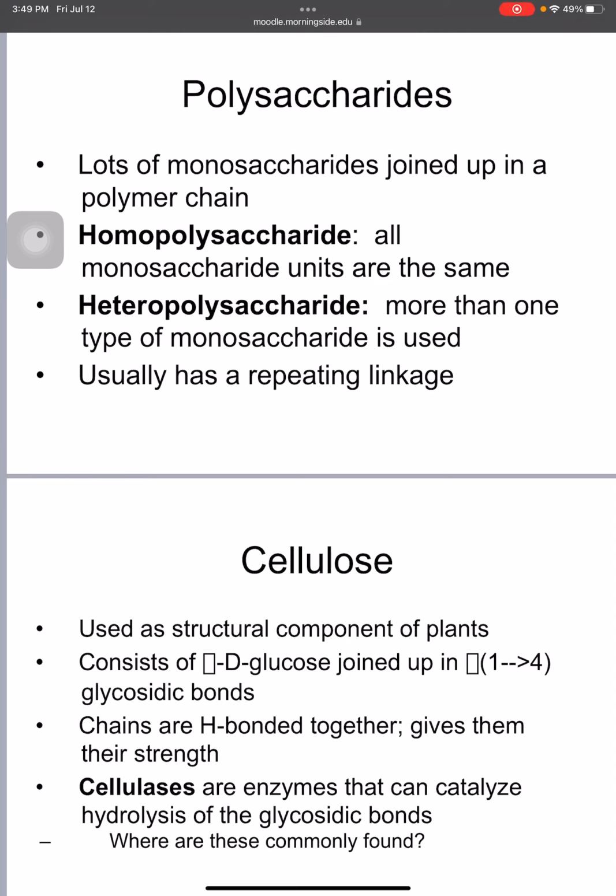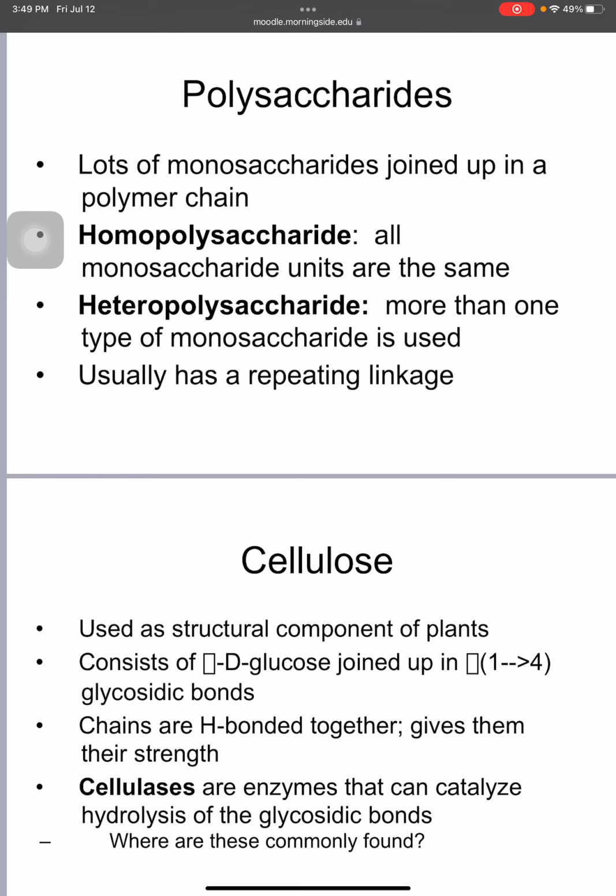So you would get hydrogen bonding in any polyglucose chain, but these are optimized. The groups are a little bit closer together with these linkages, and so the strength of hydrogen bonding is maximized more than it would be, and that gives it extra oomph, right? It gives it extra strength in staying together.